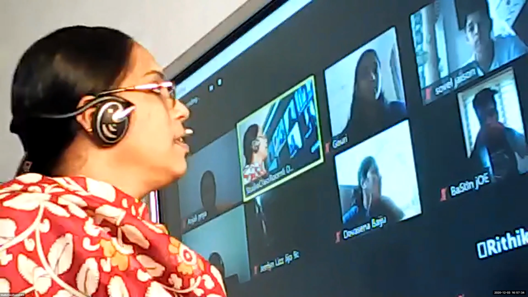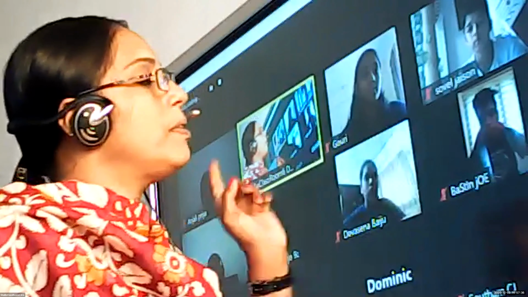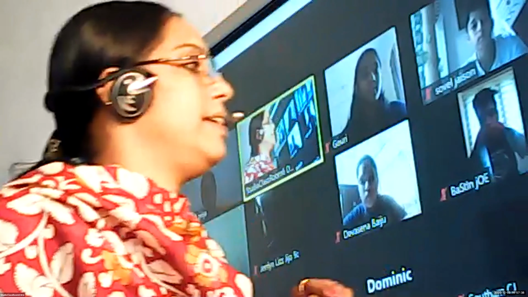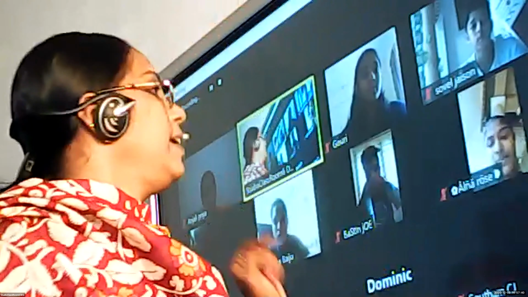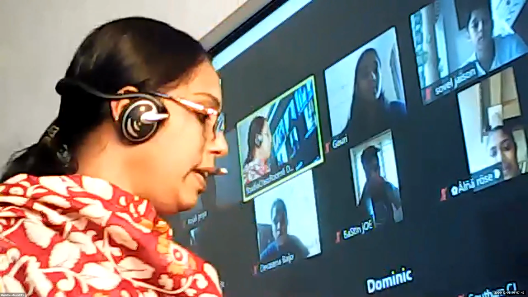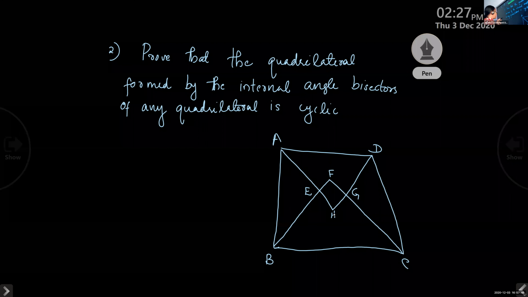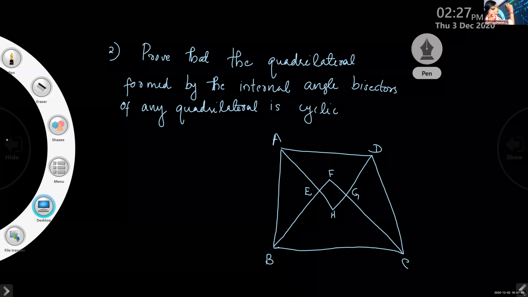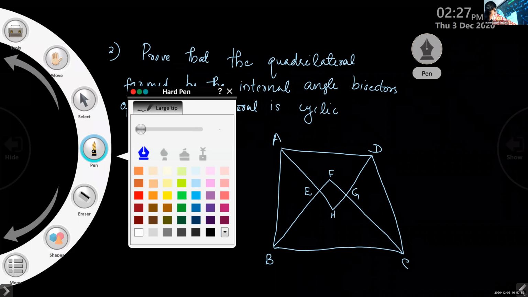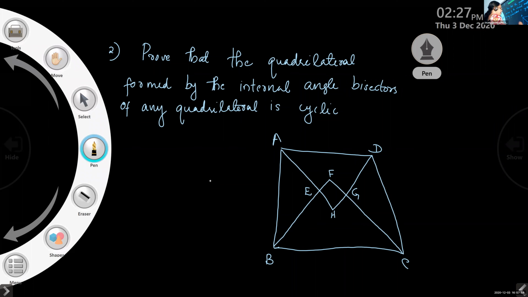So if in any quadrilateral the opposite angle sum is 180 degrees, it is cyclic. So in this figure, we have to prove that the small quadrilateral inside is cyclic.